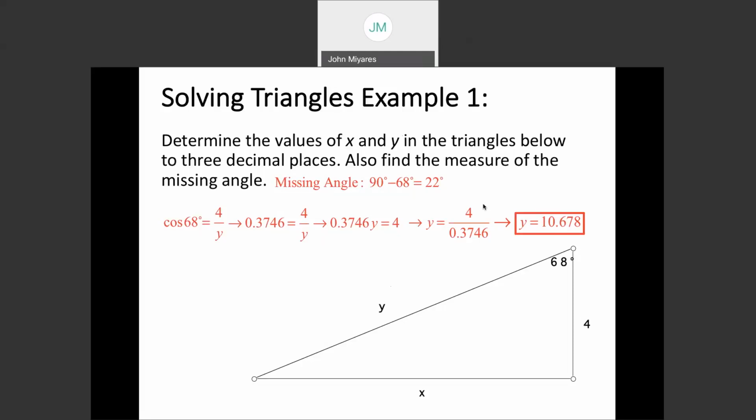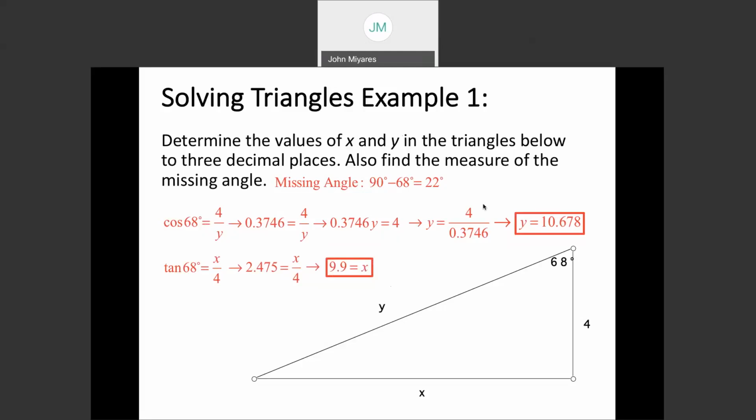Now, let's say we wanted to find side x, which is opposite the 68-degree angle. With the 4 being the adjacent side, we can set up the tangent of 68 degrees, which gives 2.475 equals x over 4. If we cross multiply that, we're going to get 9.9 equals x.